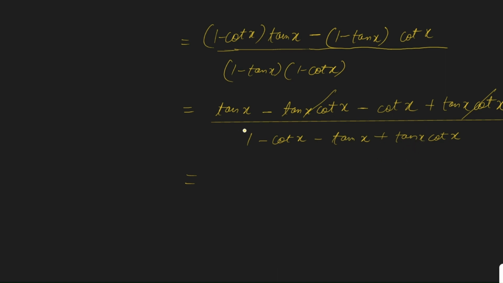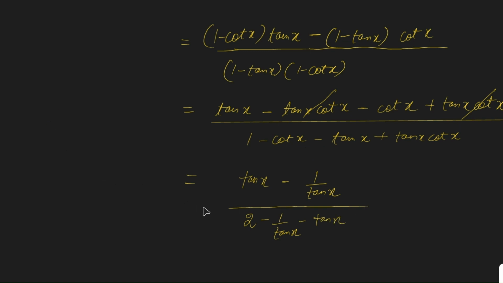So this is 1 plus 1, I can write this as 2, and then we'll get tan x minus cot x. So since I need to write this entirely in tan x, I'm going to write this cot x as 1 over tan x, and then whole over this 1 and this 1 is giving me 2, and then negative 1 over tan x, and then minus tan x.